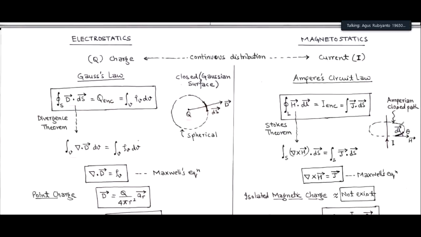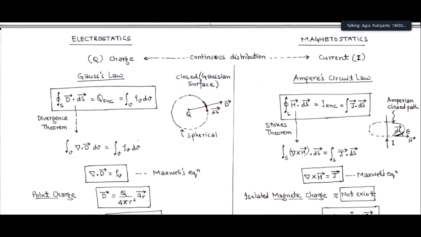And to determine the magnetic field intensity at any point, we consider a closed path. This closed path is called an Amperian closed path, and this must pass through a point at which we have to determine the magnetic field intensity H. So on this closed path, that is a circle, which has a constant radius rho, here we consider a cylindrical coordinate system.